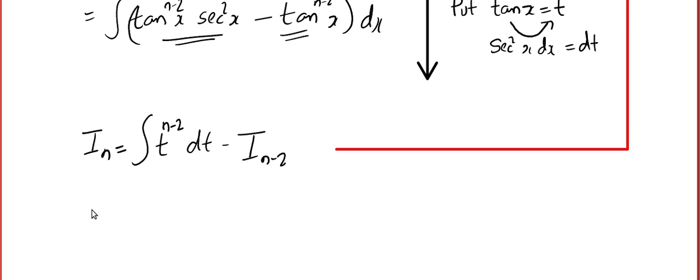That's it. We are almost at the end. In is equal to t to the power n minus 2 plus 1 by n minus 2 plus 1.